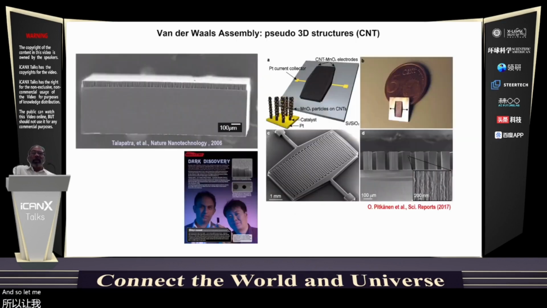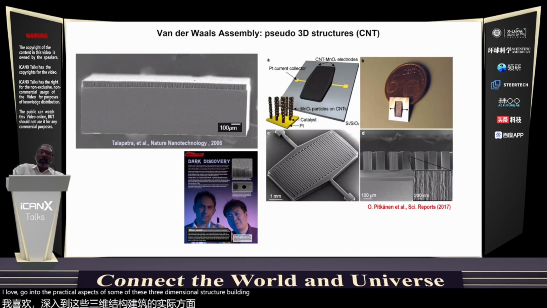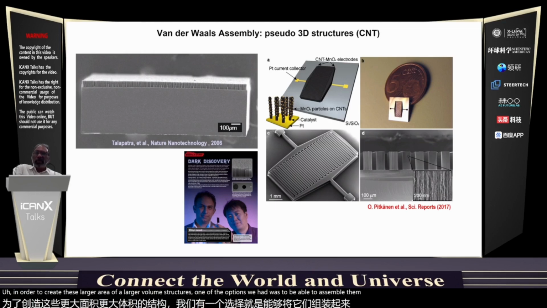So let me go into the practical aspects of some of these three-dimensional structure building from nanoscale building blocks. When we were looking at nanotubes many years ago, in order to create these larger area or larger volume structures, one of the options we had was to assemble them in vapor phase.